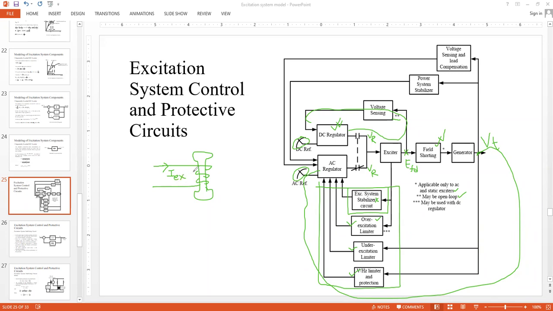However, that I exciter has gone beyond its rated value. So what would be the problem? Let's say there's some value I exciter rated, and at a certain point of your operation of your generator, you are getting this I excitation greater than I exciter rated. What would be the problem?